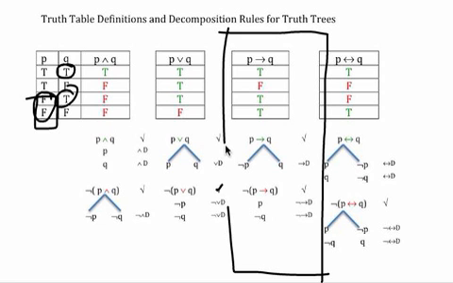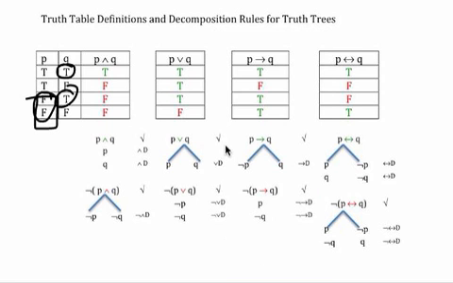Now, because the conditional decomposition rule branches, we know that the negated decomposition rule is going to stack. There's only 1 way for a conditional statement to end up being false. Right?